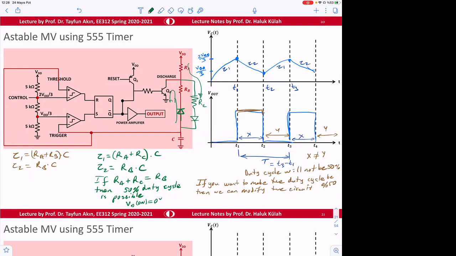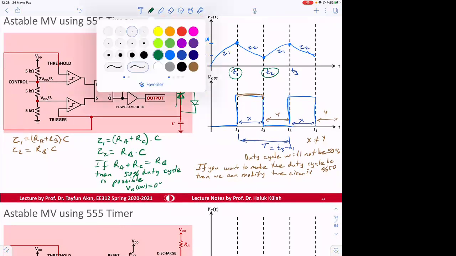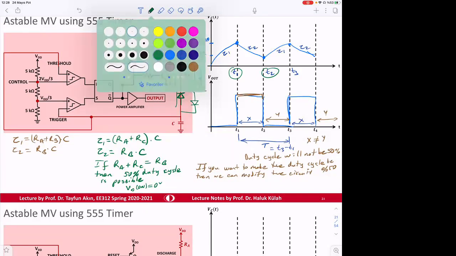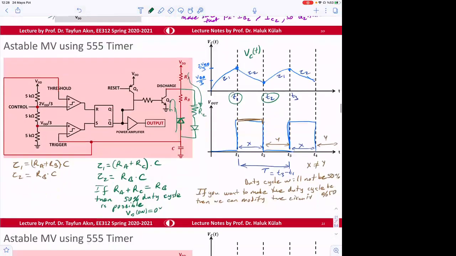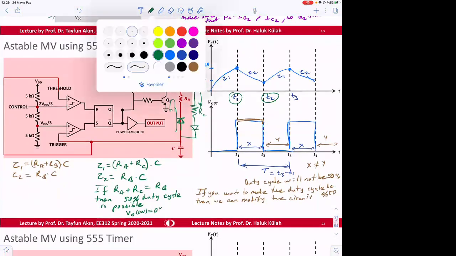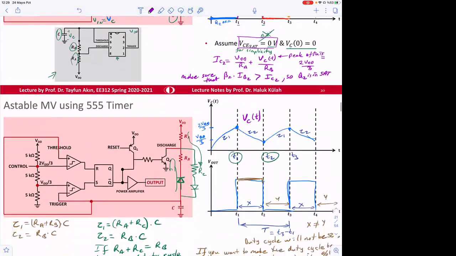So how can we find T2 minus T1? What is this time difference here? Let's write that here. What is VC of t in this period? Maybe I should do this again in the original color here. VC of t in that period, okay?